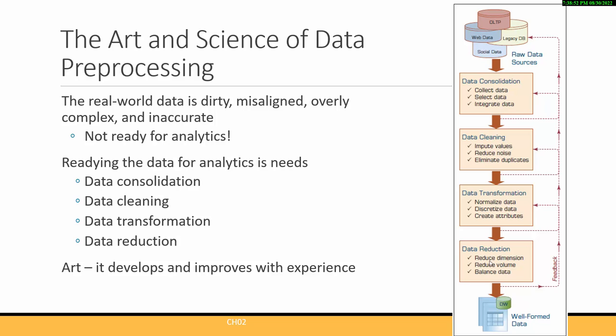Another possible way is volume reduction of data. It means, let's say you have too many records, let's say you have millions of rows of data. You may not like to conduct the analysis on all the data. You may like to take a sample or subset of the data and run your analysis on it. This is another form of data reduction.